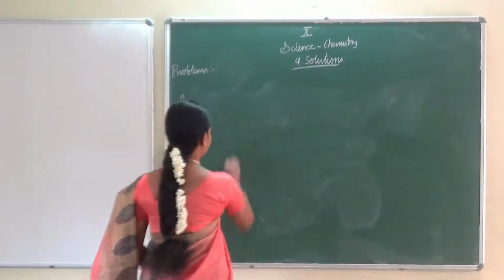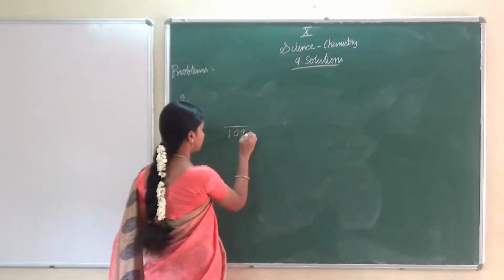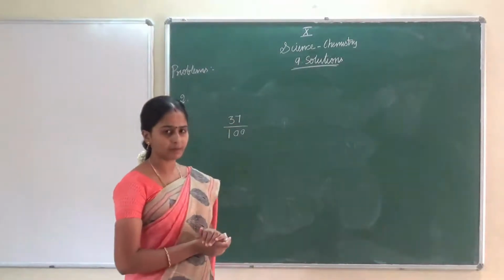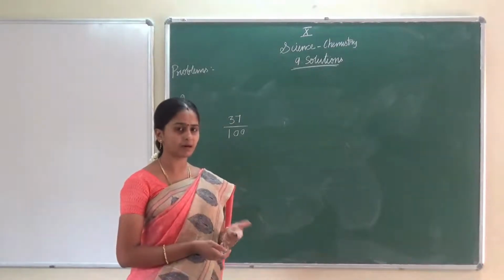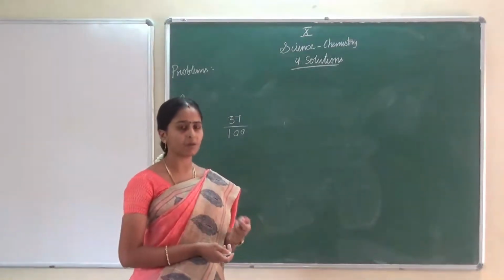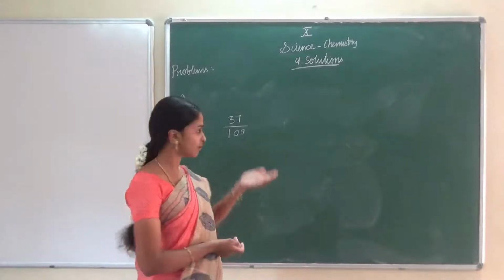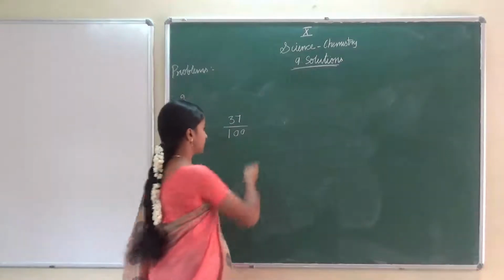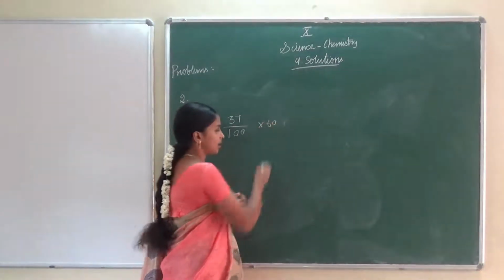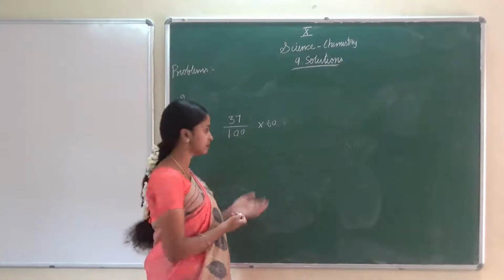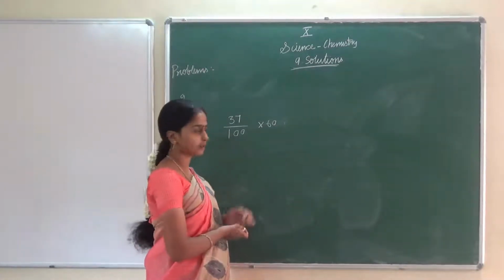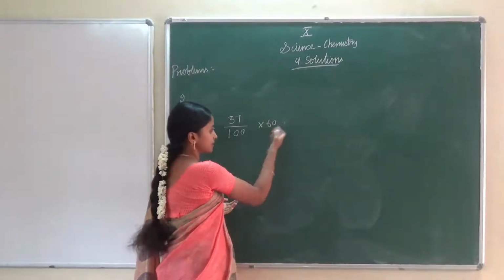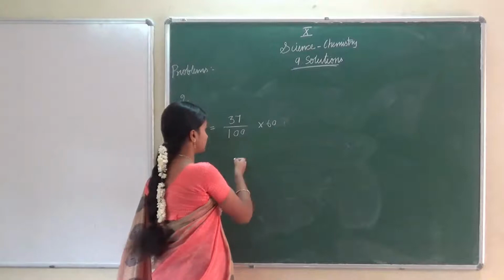For 100 gram of water we need 37, which is the standard value. For 60 gram of water, how much solute is needed? Just multiply by 60. For 100 gram the KCl value is 37, then for 60 gram of water you have to simplify it.